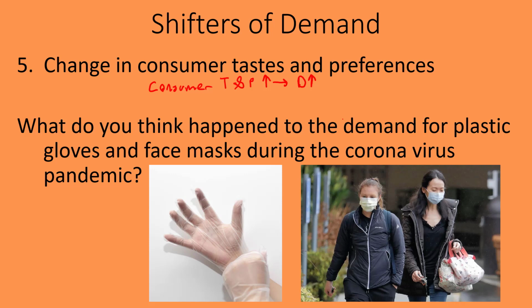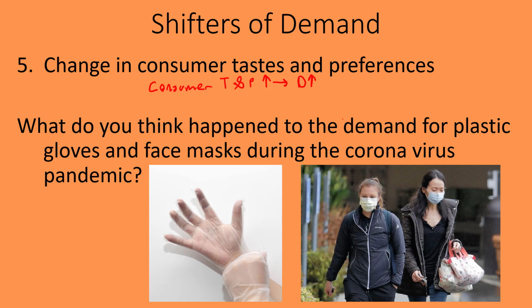And as consumers prefer to walk around wearing these face masks and plastic gloves, the demand for these items has increased drastically. If we ever make it out of this whole coronavirus pandemic to where people don't feel the need to walk around with plastic gloves and face masks anymore, then demand for these things would decrease drastically. So again, consumer tastes and preferences are pretty easy to get. During a time when people prefer something more, demand goes up. During a time when people might prefer something less, demand would go down.